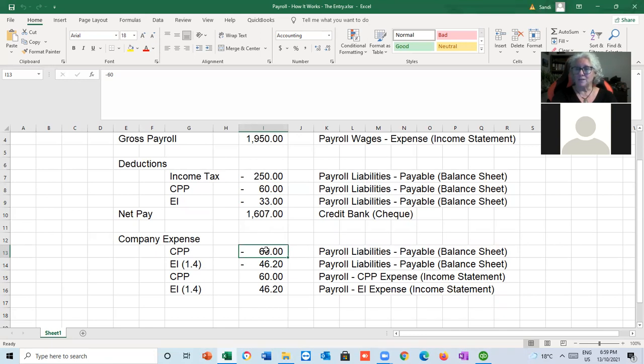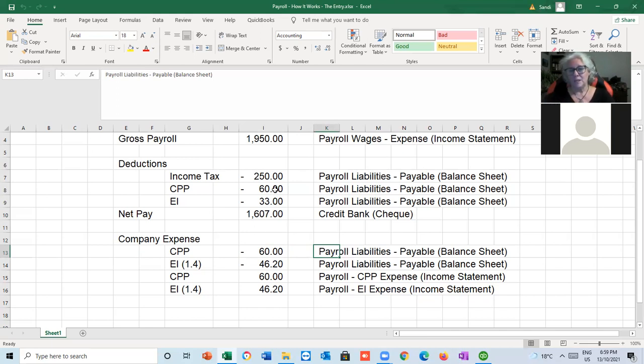As your obligation as a company, you will pay the same amount, 100% of the deduction of CPP to payroll liabilities, and it's an expense to you because you're obligated to pay more than what's deducted. So we have to have an entry. What happens behind the scenes is we have another entry that goes to payroll liabilities to add to that balance owing at the end of the month.